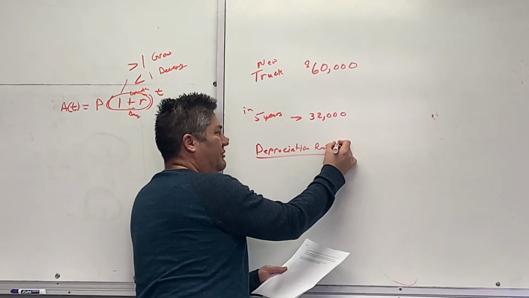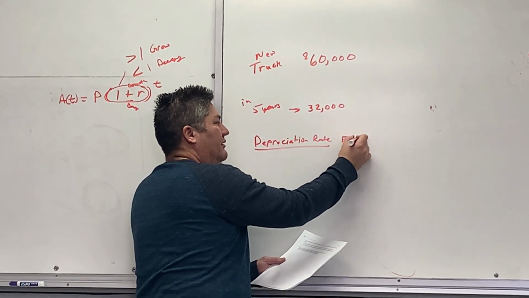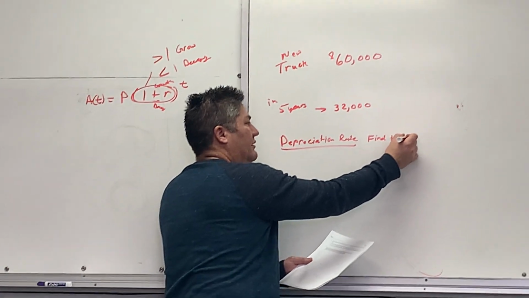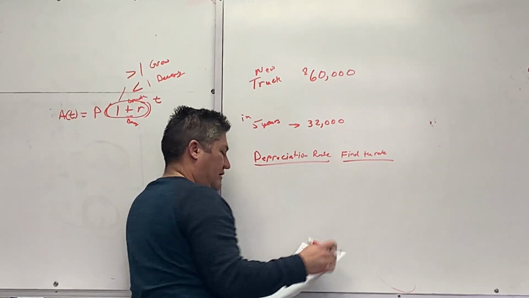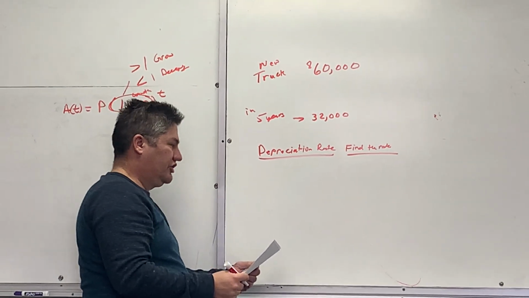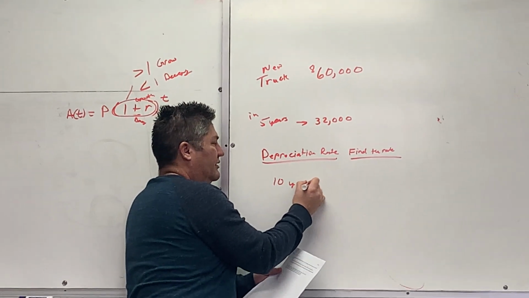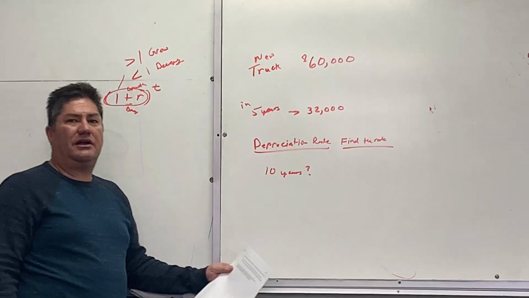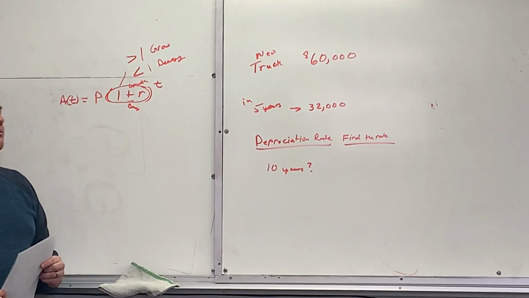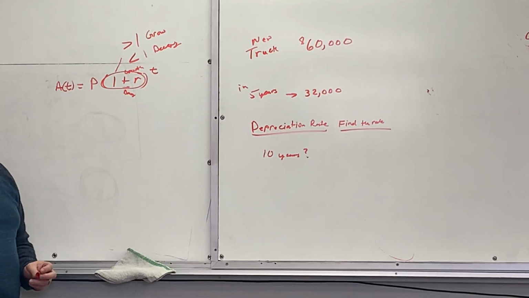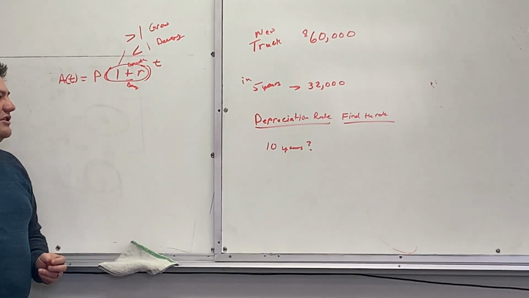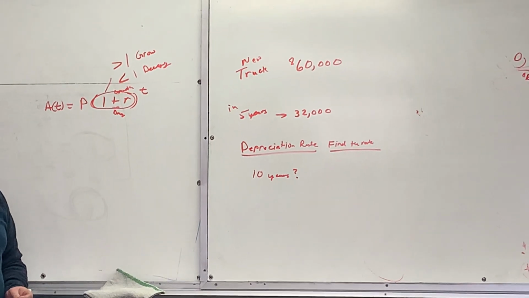And then tell us the depreciation rate. Okay? That's question A. Question B, what's the truck worth in 10 years? Okay? So find the depreciation rate and then tell me what the truck's worth in 10 years.